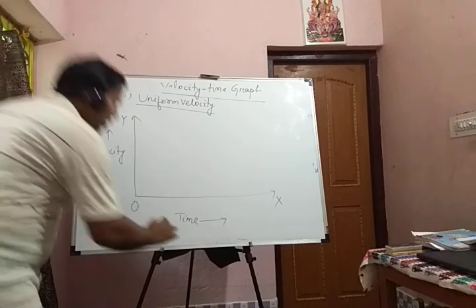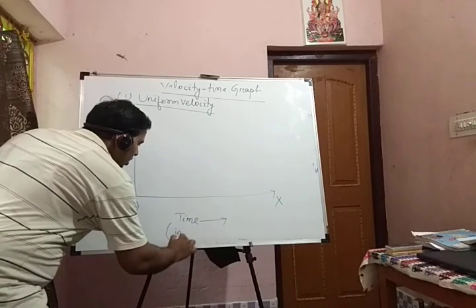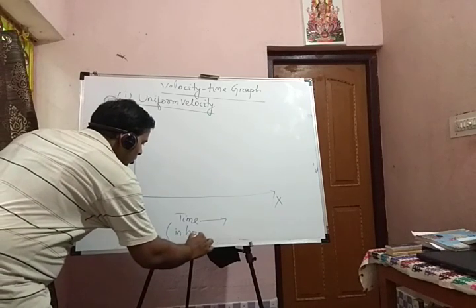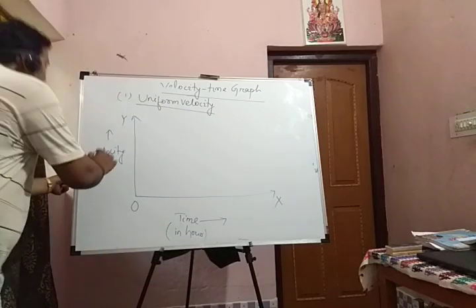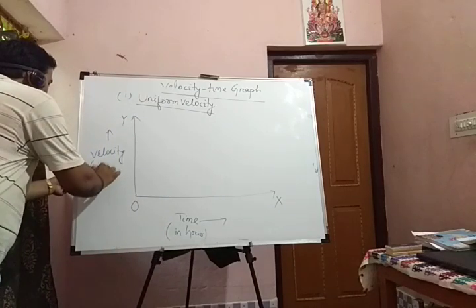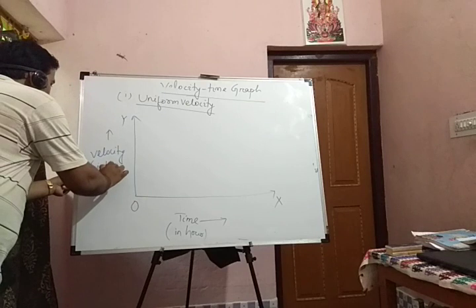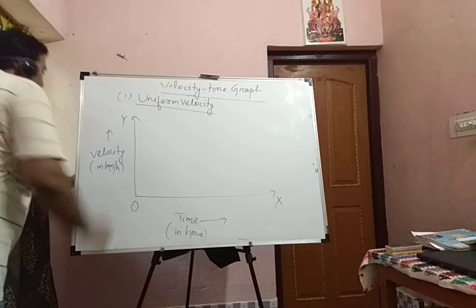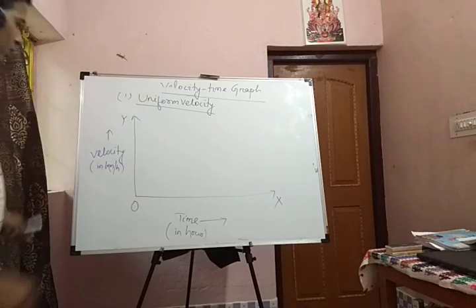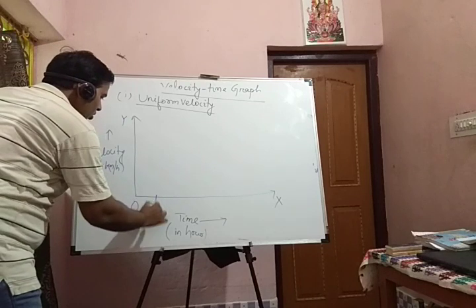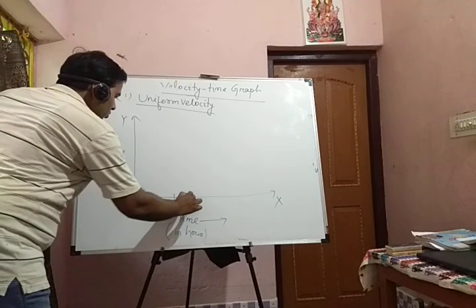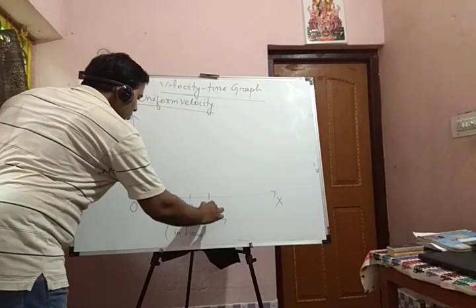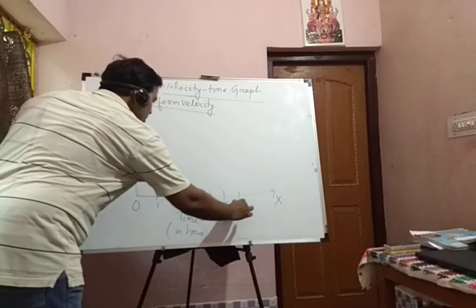Here the time is taken in hour, and here the velocity is taken in kilometer per hour or kilometer hour inverse. Okay, so 1, 2, 3, 4, 5, 6.